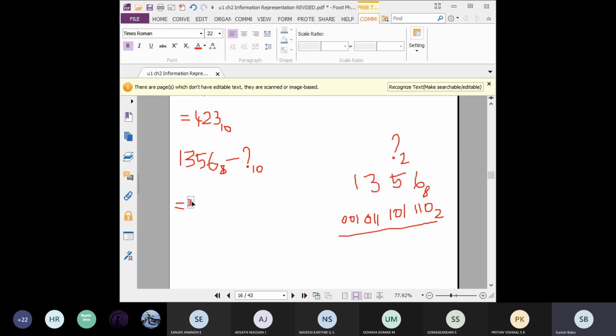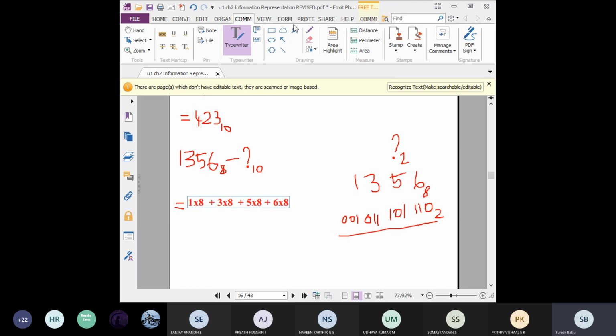That is 1 multiply with 8 power something. Okay, we will add the power value later. 3 into 8, plus 5 into 8, then 6 into 8. Everything we are going to multiply with 8, and we are going to give the power, that is 8 power 0, 8 power 1, 8 power 2, 8 power 3.